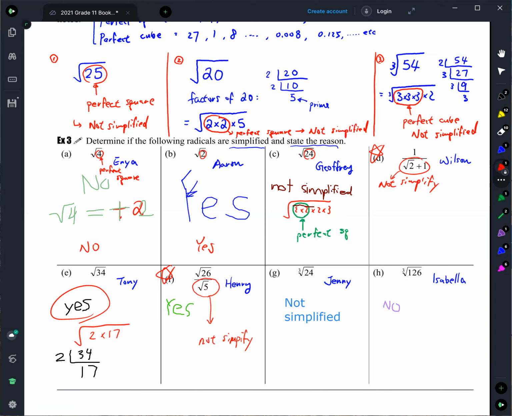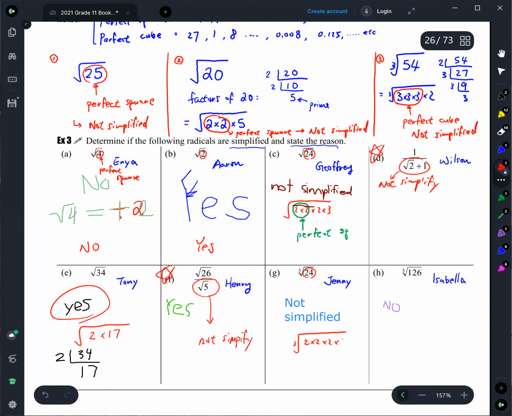Right, so for question G, 24, how do we turn 24 into factors? Oh, we did that up there, right? So cube root of 24, so we have 2 times 2 times 2 times 3. So Jenny, why do you think it's not simplified?